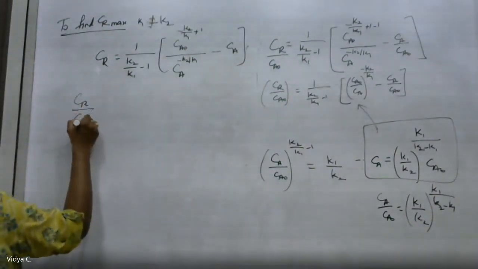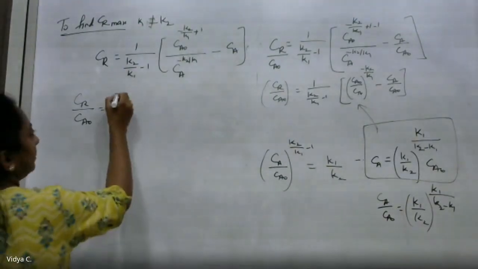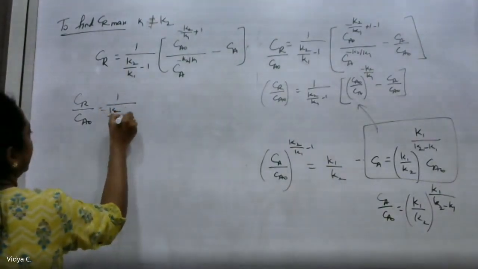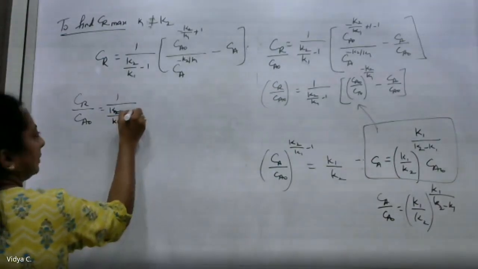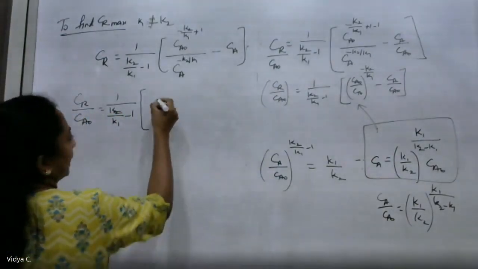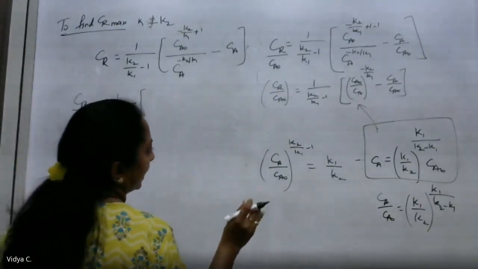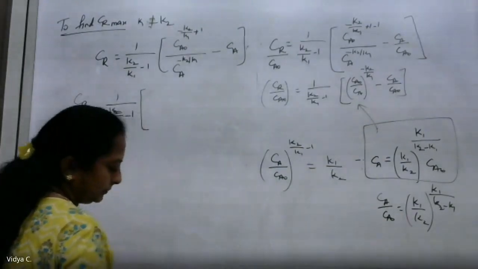Therefore, CR by CA naught will be equal to 1 by (K2 by K1 minus 1) into (CA by CA naught) to the power of minus K2 by K1. I have CA by CA naught, right?